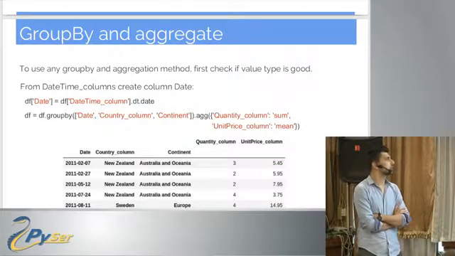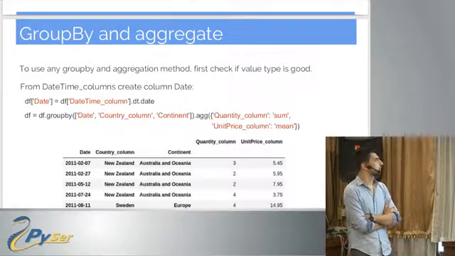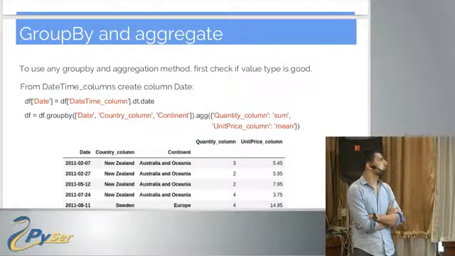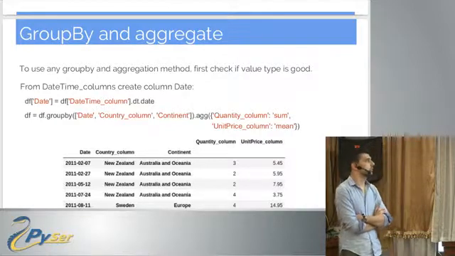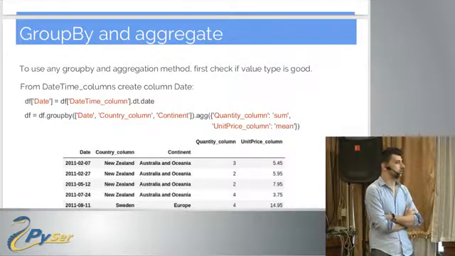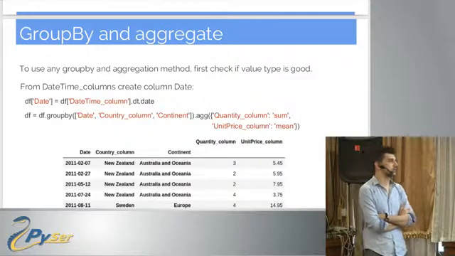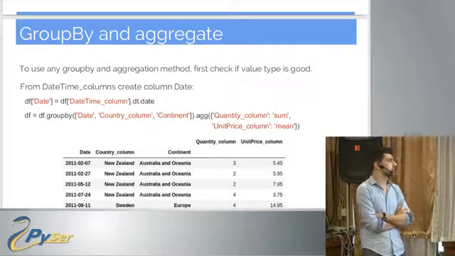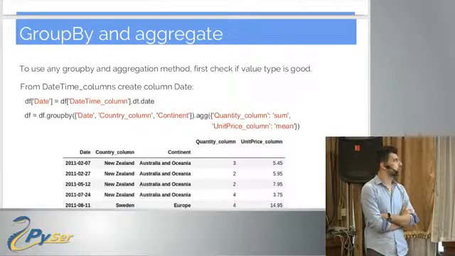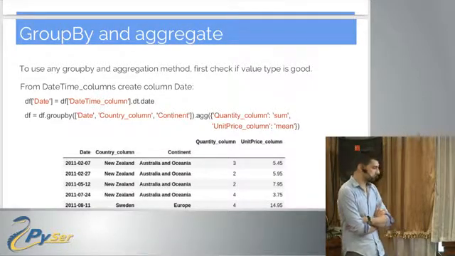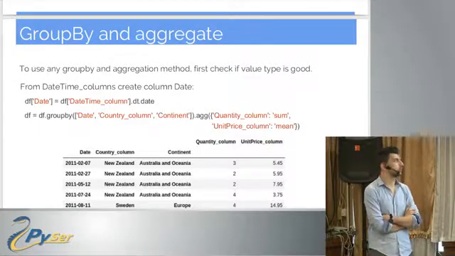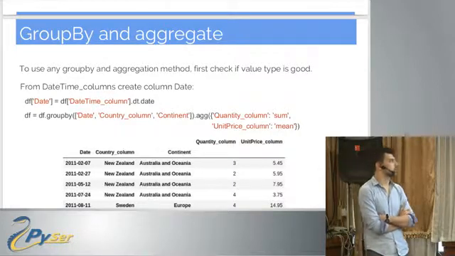Group by and aggregation. To use any group by aggregation method, you first need to check if the value type is good. Of course, you cannot aggregate strings with mathematical operations, and that's when we usually come back to the .info function to see if types are good.